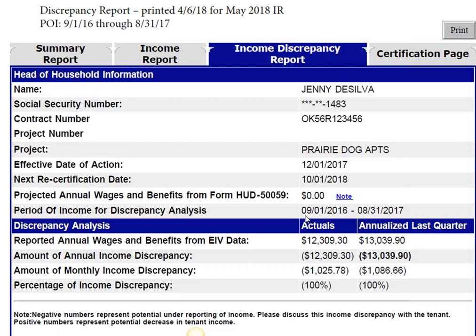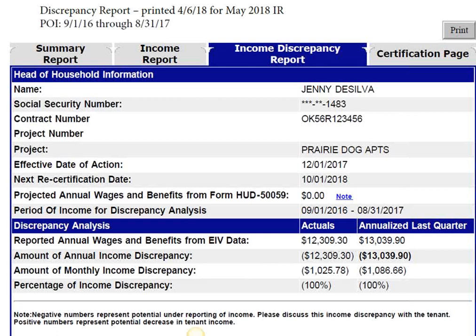EIV thinks that you should have put $12,309 on this cert. And that's because that's how much income it sees in this period of income. So it's looking at the income detail report and it's saying from 9/1/16 through 8/31/17, Jenny De Silva earned $12,309 in EIV recognizable income.